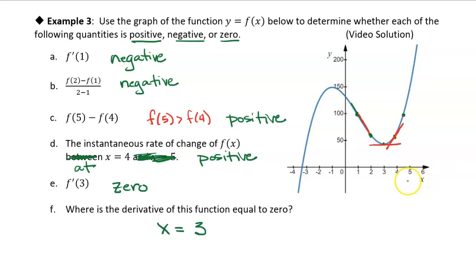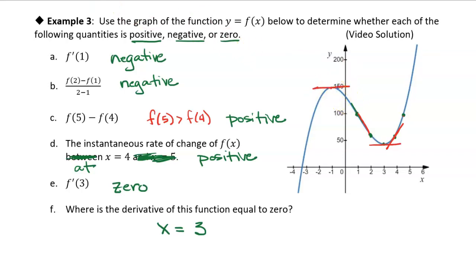These points many times occur when the function changes direction, right? You can see here, if we follow the curve from left to right, the function is increasing, and then I get to a certain point where it turns around and now it's decreasing. At this point, let me get a red, I'm going to draw a tangent line.